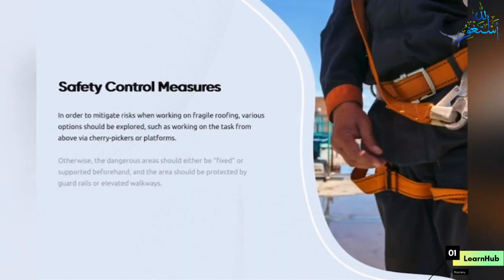In order to mitigate risks when working on fragile roofing, various options should be explored, such as working on the task from above via cherry pickers or platforms. Otherwise, the dangerous areas should either be fixed or supported beforehand, and the area should be protected by guardrails or elevated walkways.